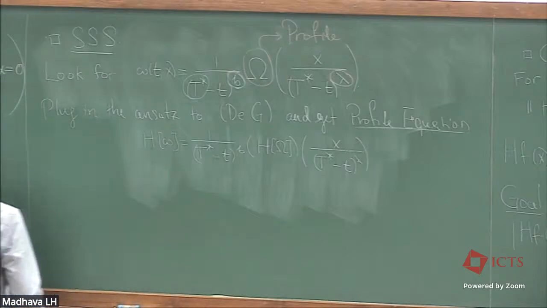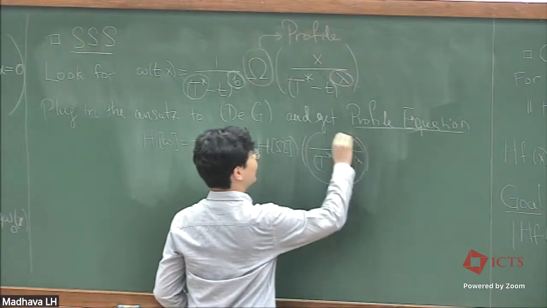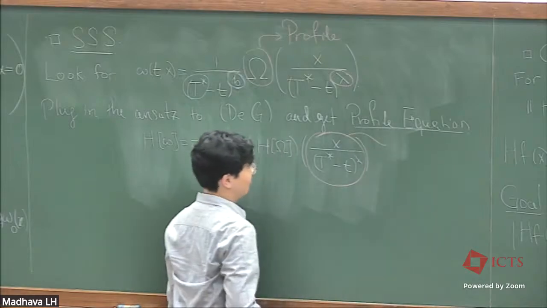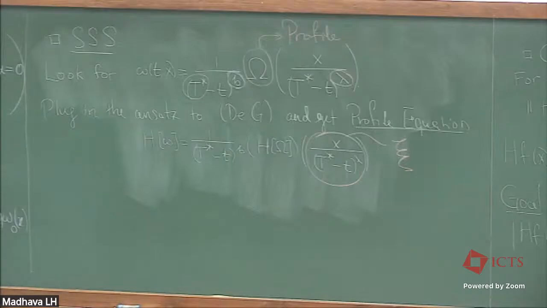And now let's give a name to this rescaled variable. We will call this maybe c. And as a general rule, the profile equation is defined in terms of the rescaled variable, not the original. Okay.